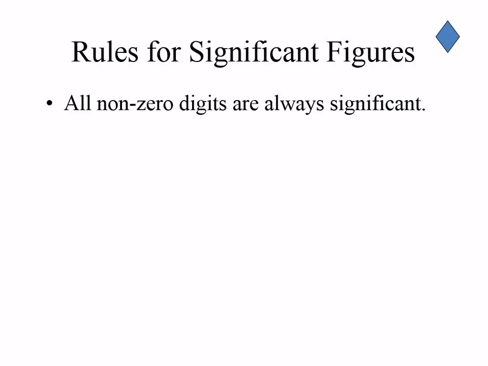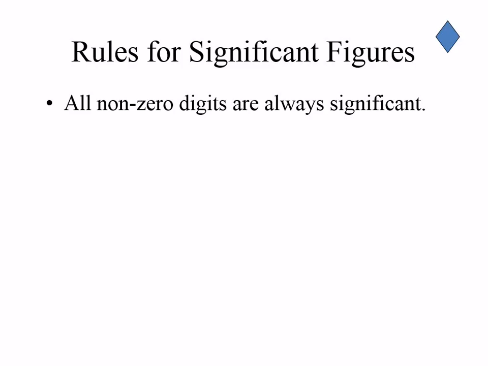When we look at a number and somebody says it's not an exact number, there is uncertainty in the number, then we can start this process for counting significant figures. So one is if you see a digit in your value that is non-zero, then that digit is significant.